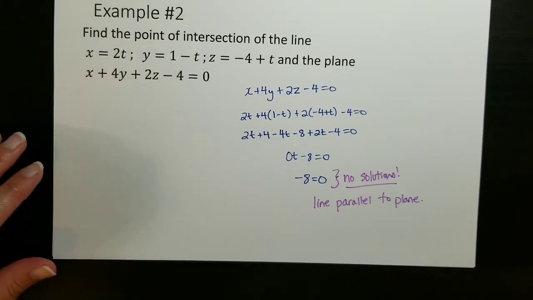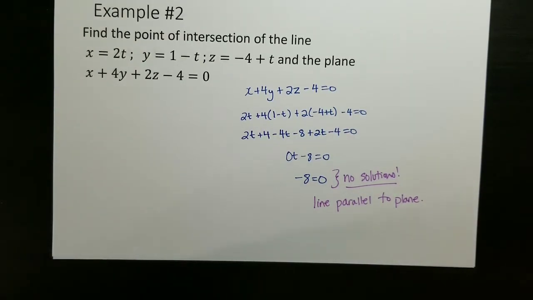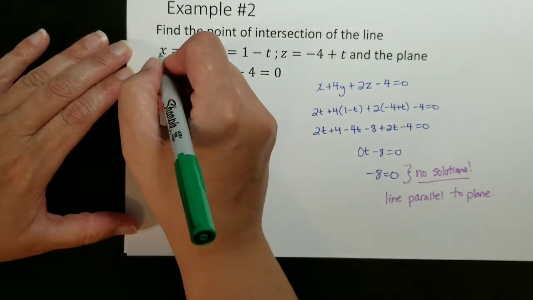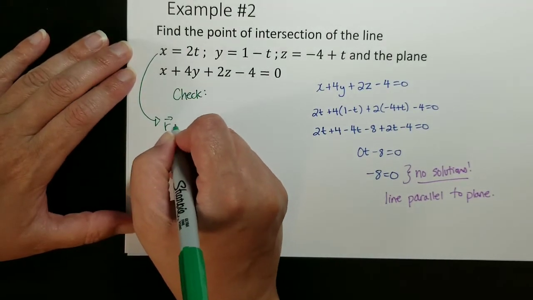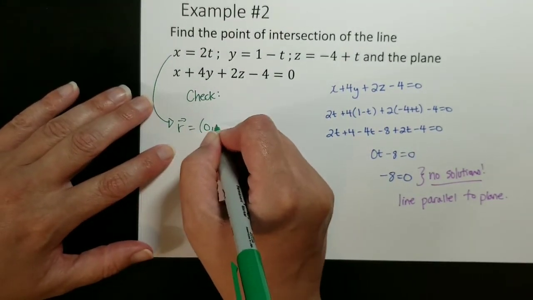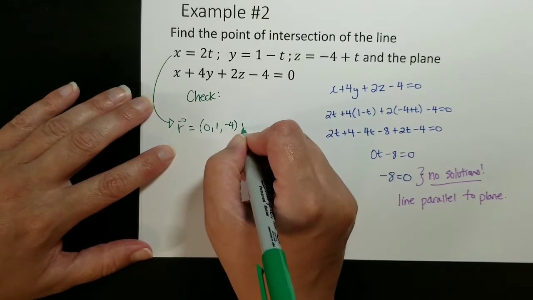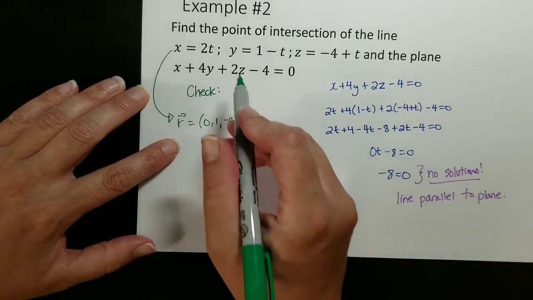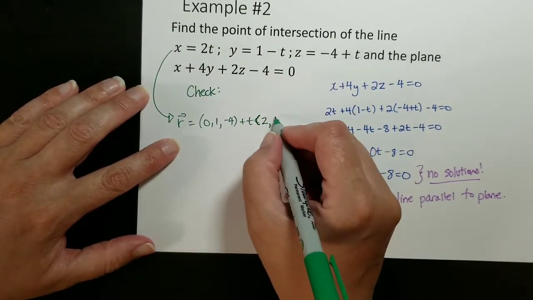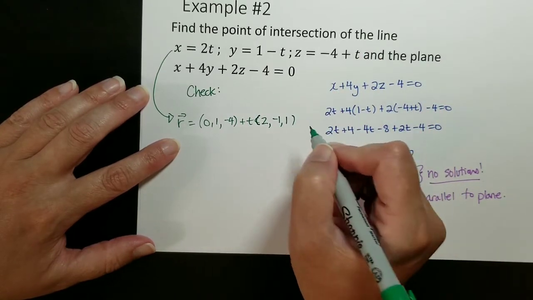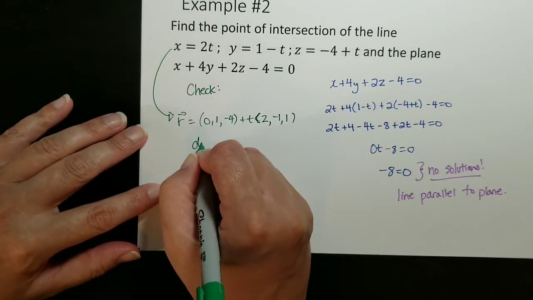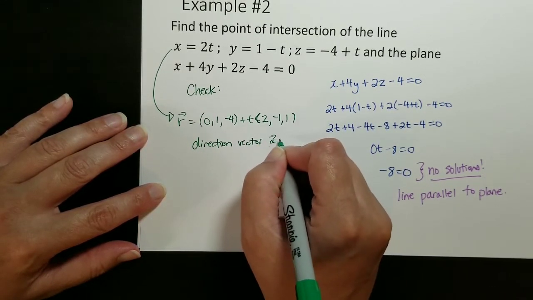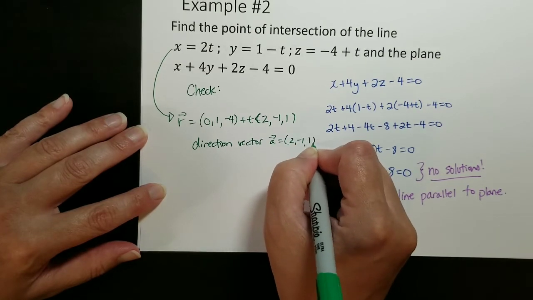Maybe I'll just show that quick. If we did that here, the line can be written as 0, 1, negative 4, just pulling out these position and direction vectors. Then we'd have 2, negative 1, and 1. So the direction vector A is 2, negative 1, 1.